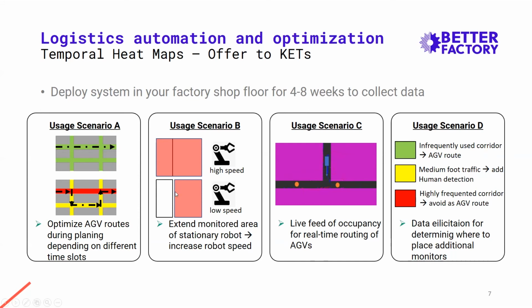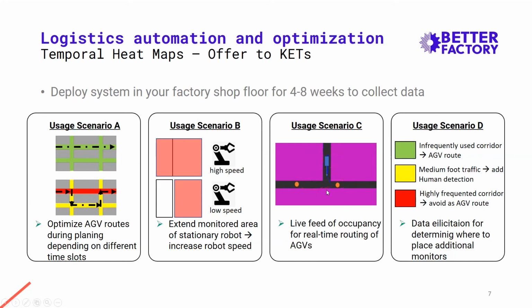However, currently all of them stop at the corridor edge because you always assume that someone is walking. Using our approach, you could extend the laser scanner field into the corridor if it's a less frequented corridor. So yes, there is a probability that someone will be there, but that probability is so low that the higher robot speed will give you a higher robot cell performance and more efficiency in your production process.